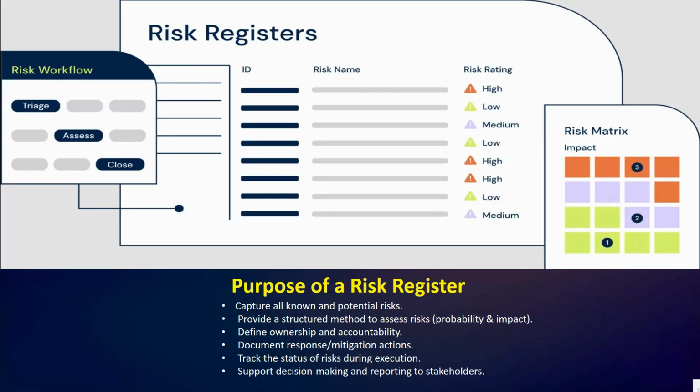Second, provide a structured method to assess risk, probability and impact. It provides a systematic way to assess the risk by looking at its probability of occurrence and its potential impact on cost, schedule, or quality.